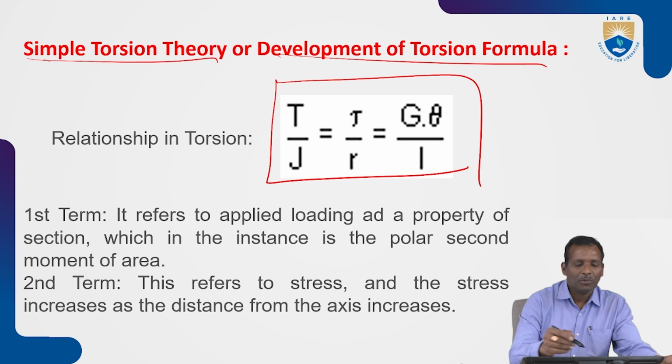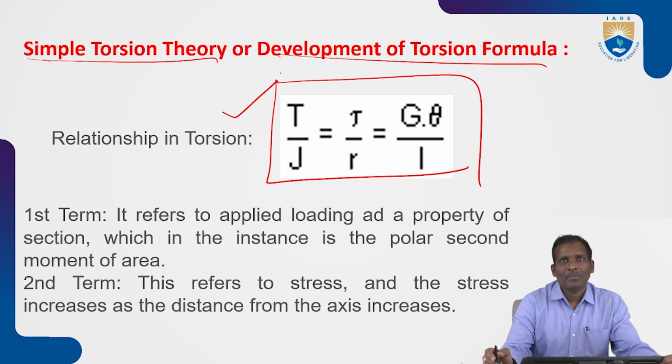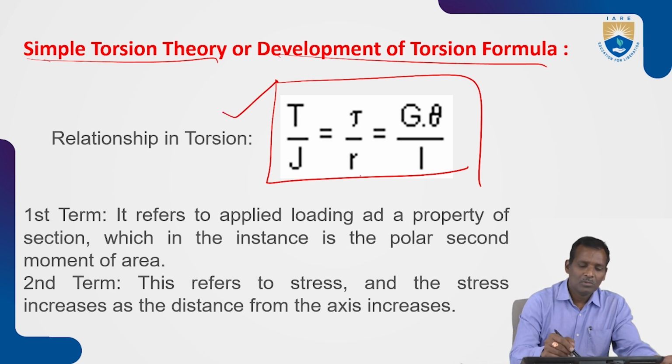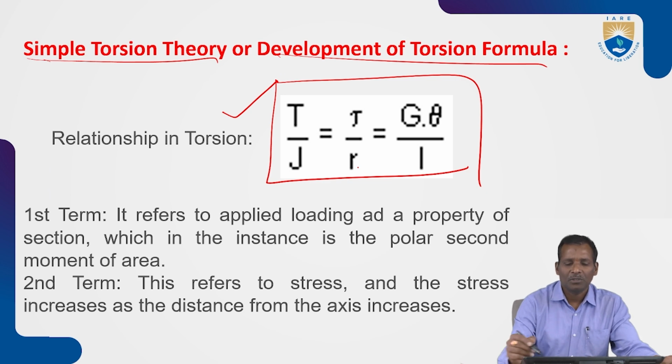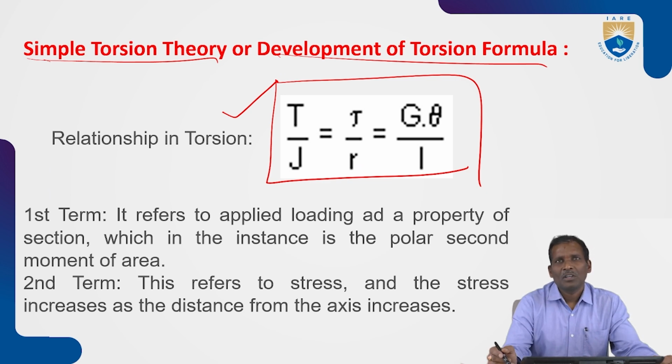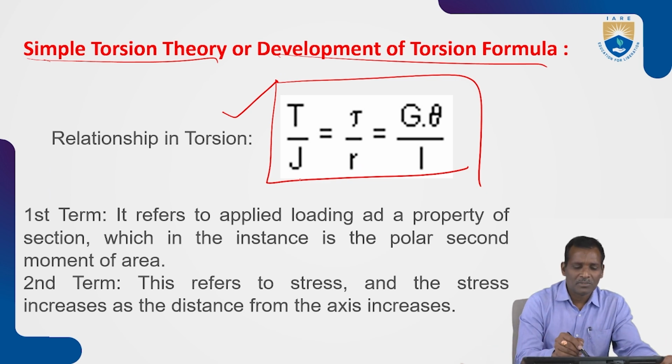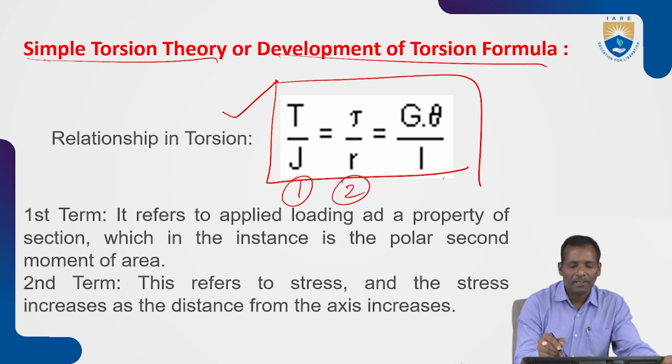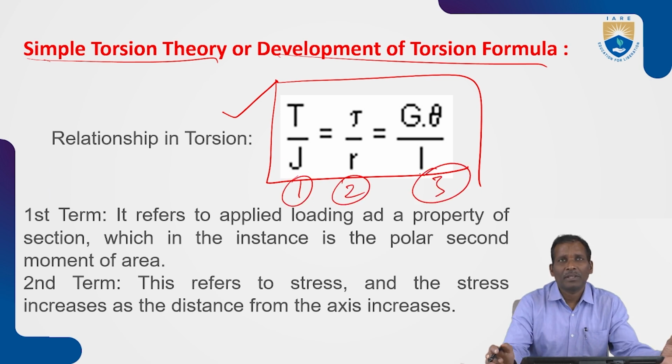So you have to write T by J is equal to tau by R is equal to G theta by L. One by one we will see what the first term, the second, and the third term are. The terminology related to simple torsion theory is very important.